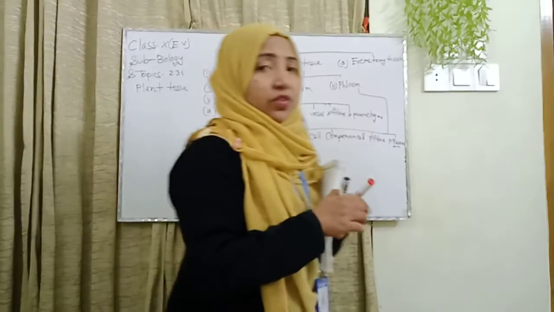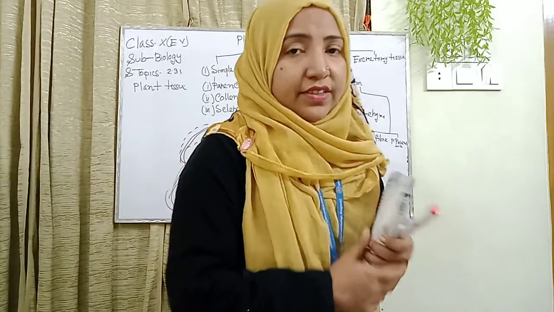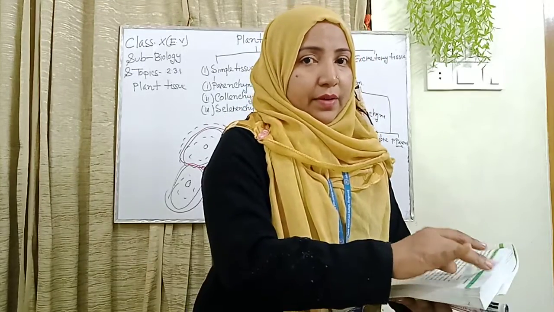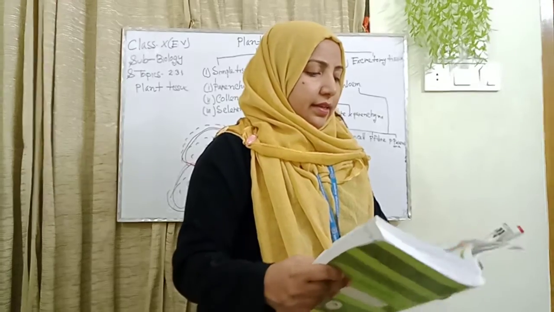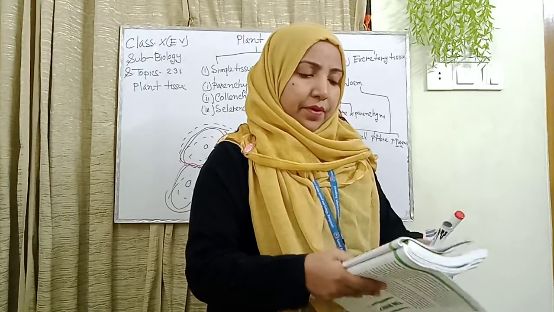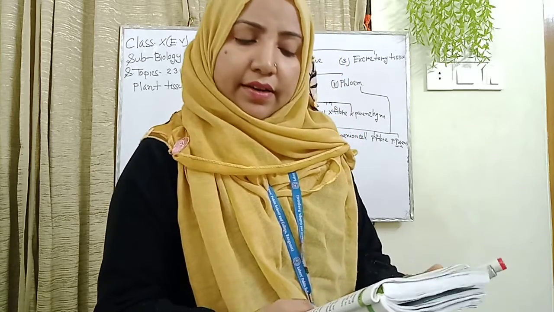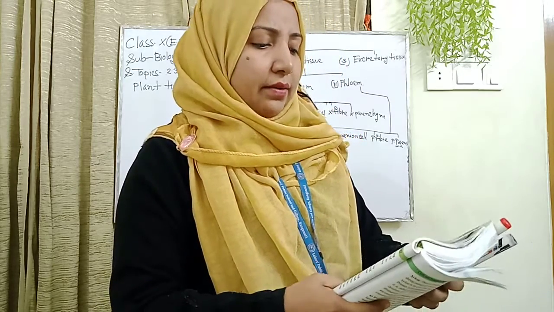Then we confirm that this cell is sclerenchyma. Please everyone see the book. In the early stage of their development, the sclerenchyma cells are alive, losing the living protoplasm when they become mature.